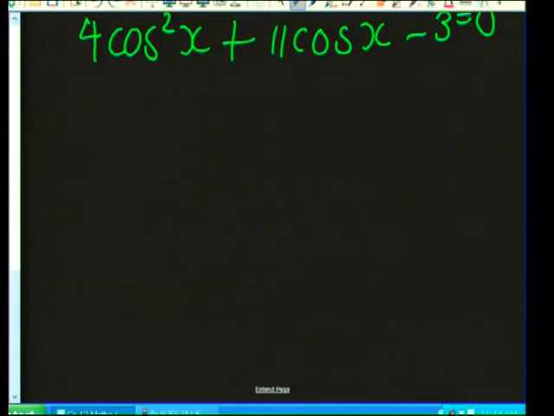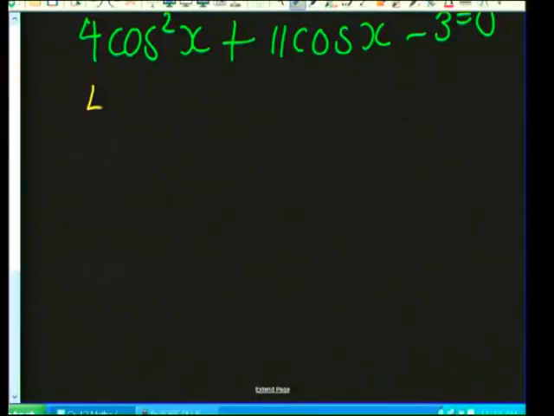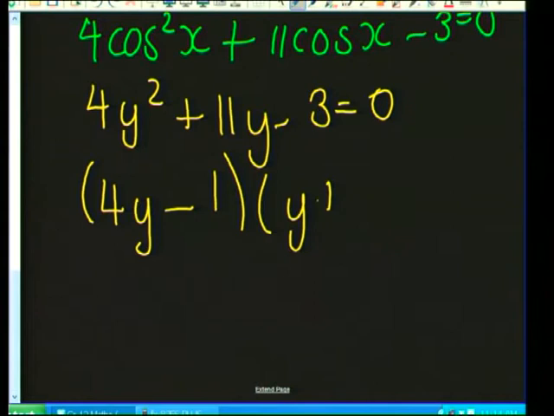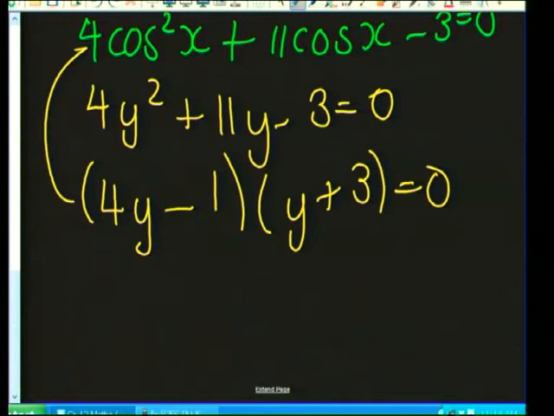Now, factorizing this can be a bit difficult. So what I always do is put it into normal variables that I can factorize. So for example, let me just change colors so you can see that this is different. So imagine this to be 4y squared plus 11y minus 3. And this now you can factorize because it's 4y minus 1 and y plus 3. So take this and now translate it back into cos.